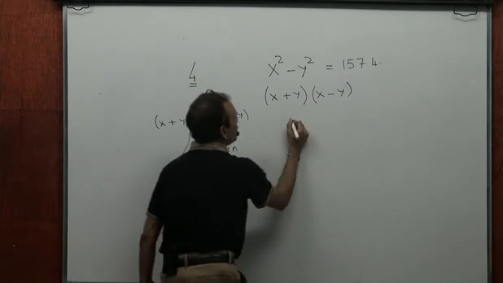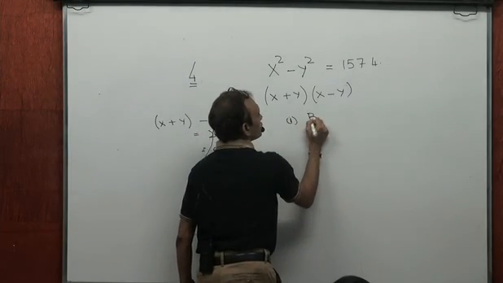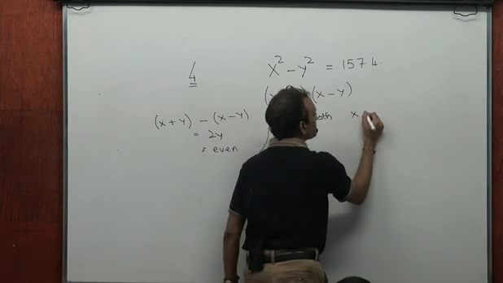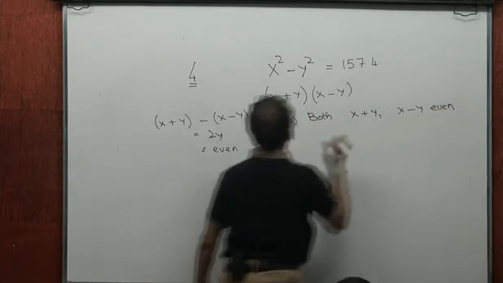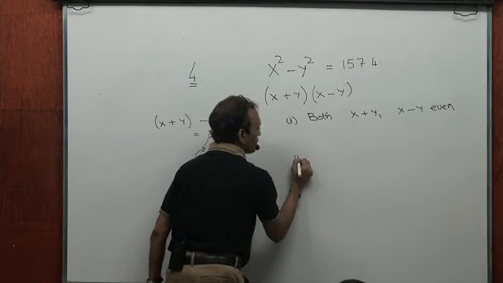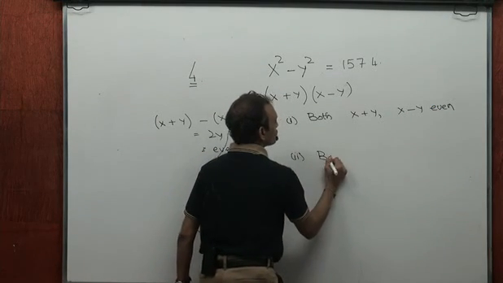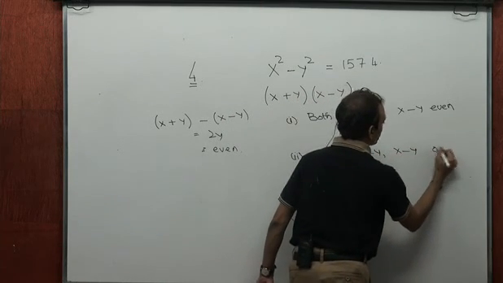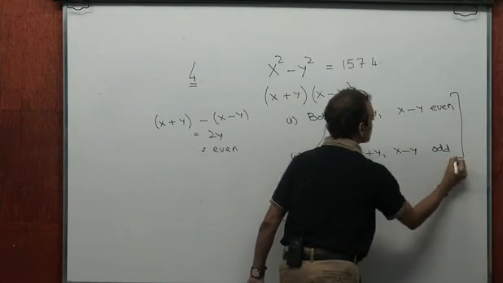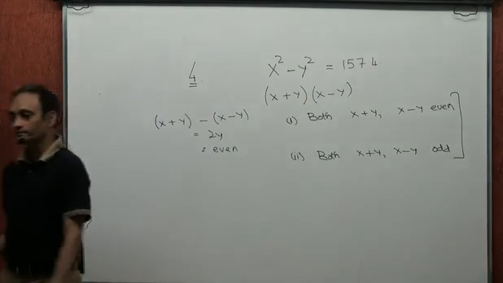So, which means only two possibilities. Possibility 1: both x plus y and x minus y even. Possibility 2: both x plus y and x minus y odd. These are the only two situations that are possible.